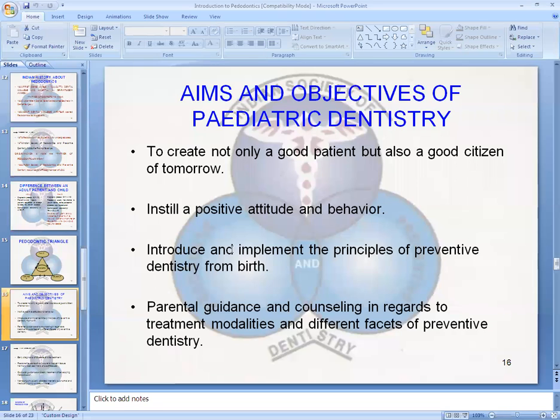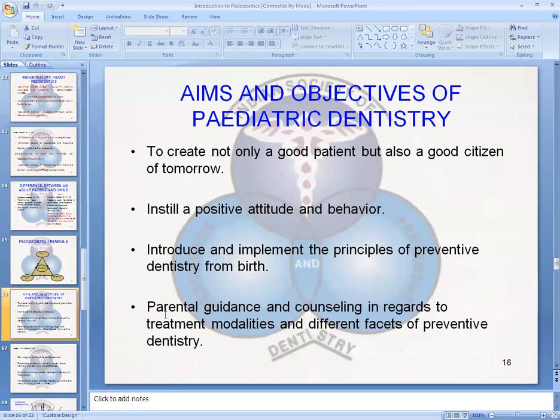When the child comes to the pediatric dentist, we have to introduce the principles of preventive dentistry from birth, early: that you have to brush regularly two times, how to brush, which motion, which brush is used, how much toothpaste you have to use while brushing. So these are all the principles. How the brush should be, when the brush should be changed. These are all preventive measures, and there should be follow-up every 6 months. What to eat, what not to eat, what sticks to your teeth and then increases caries. So these are all the preventive measures we have to implement from birth only.